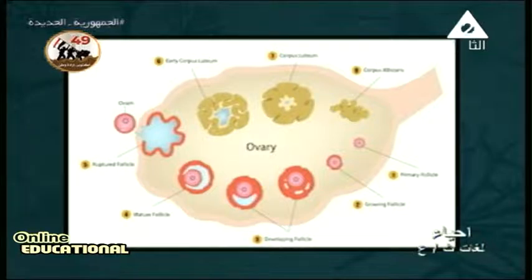First, the Graafian follicles and the corpus luteum are formed to produce the ovum, which comes out in a mature state. If it is fertilized it forms a baby, or if it isn't fertilized it forms the menstrual cycle.